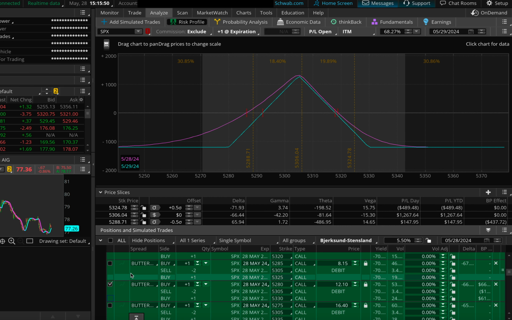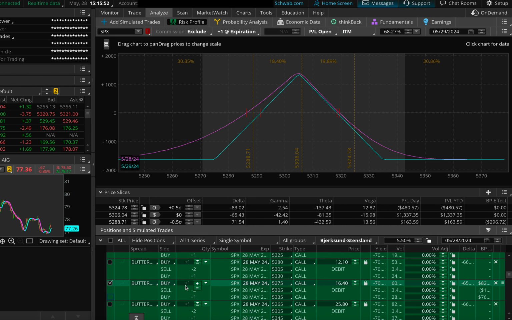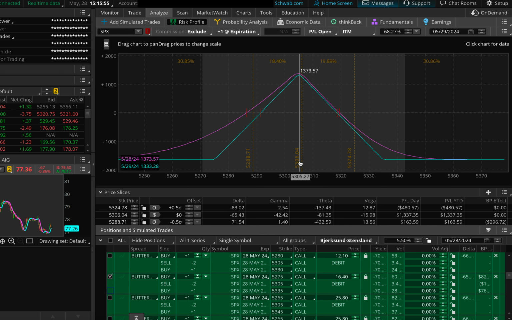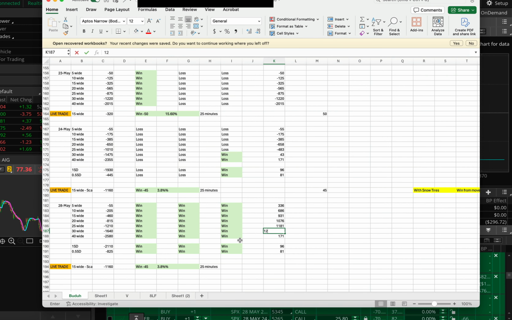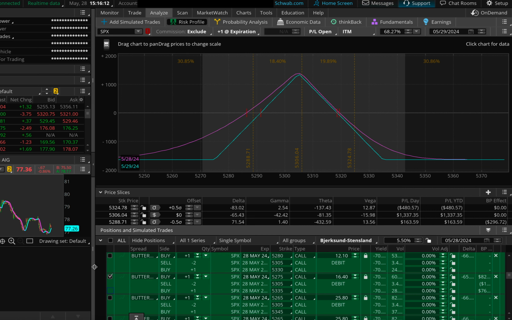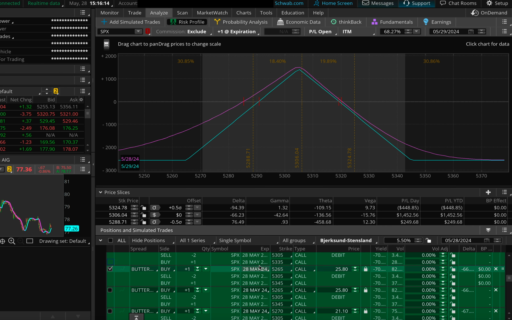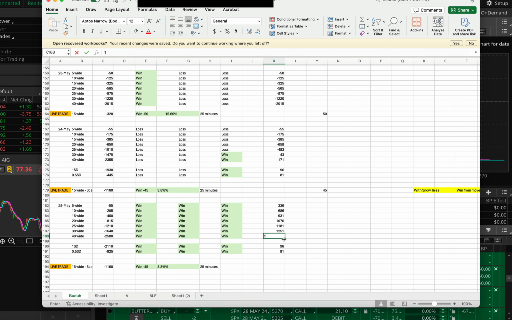And the 30 wide. Is that the 30 wide? Yeah. 30 wide would have been 1251. And then the 40 wide would have been 1311.